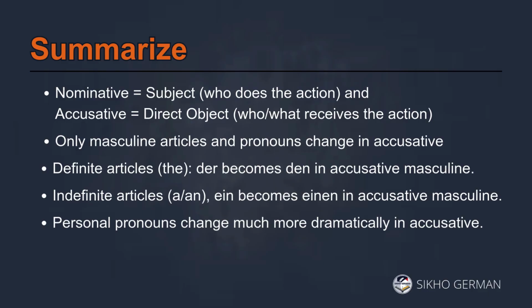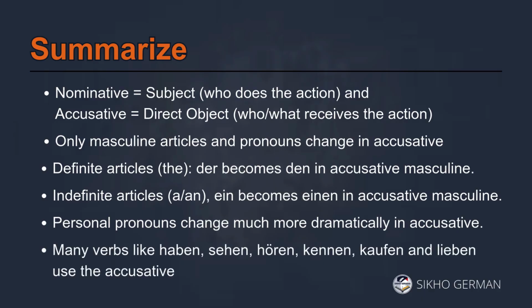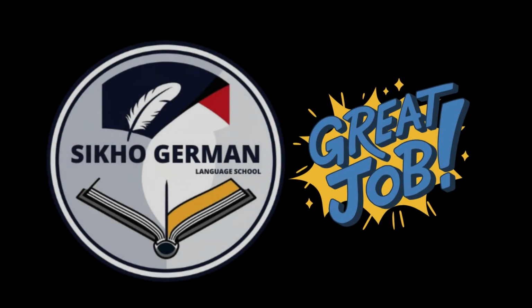Ich becomes mich, du becomes dich, er becomes ihn, etc. Sixth, many verbs use the accusative. Haben, sehen, hören, kennen, kaufen, lieben are just a few examples. The key rule, ask yourself who or what is receiving the action. That's your accusative object.